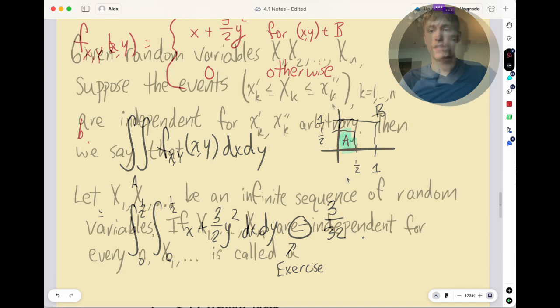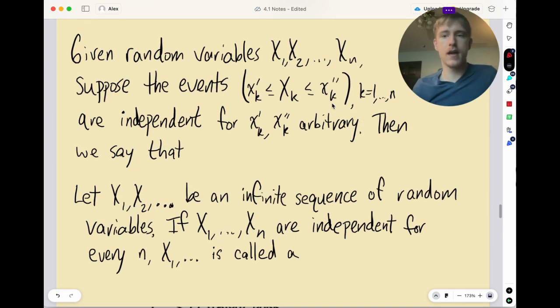Yeah. All right, so a couple more terms. First, if we're given random variables x1 through xn, we're going to suppose that the events where the random variable x sub k is between little x sub k prime and little x sub k double prime, for all k between 1 and n, are independent for any values of x sub k prime and x sub k double prime.